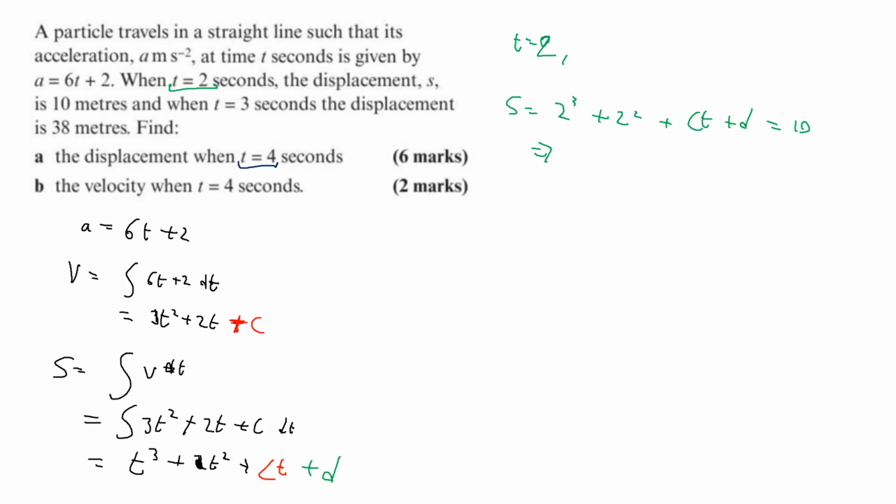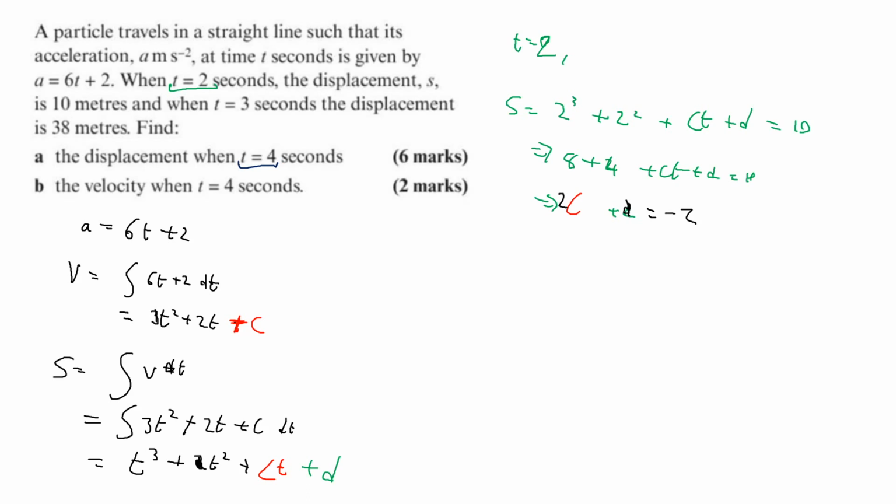Which means that 8 plus 4 plus 2c plus d is equal to 10. And so therefore, our first simultaneous equation, 2c plus d is equal to minus 2, okay?